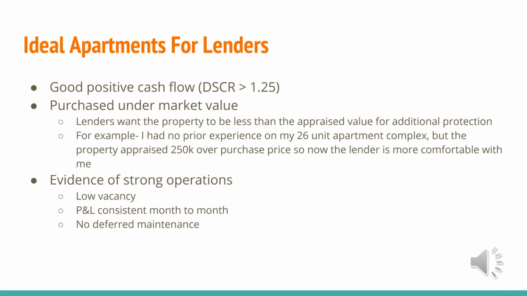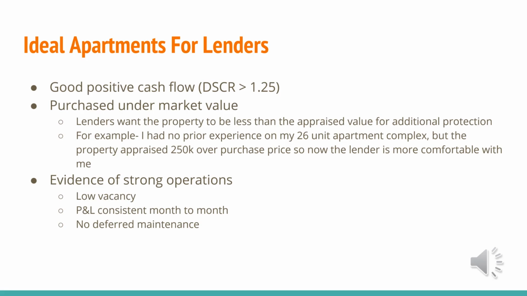So now let's talk about ideal apartments for lenders, and they want good positive cash flow, right? They want a DSCR greater than 1.25. They want you to purchase it under market value, and when it appraises over what you purchased for, it gives the lender security, right?